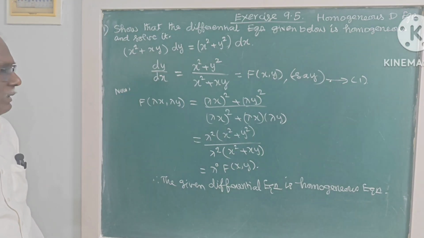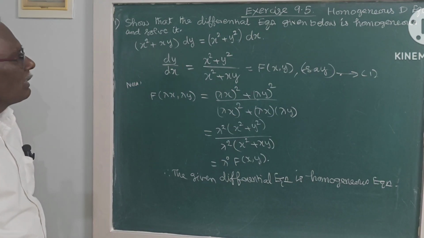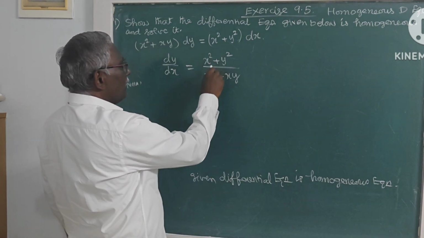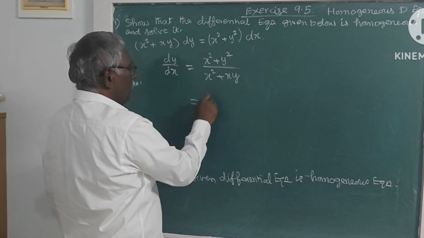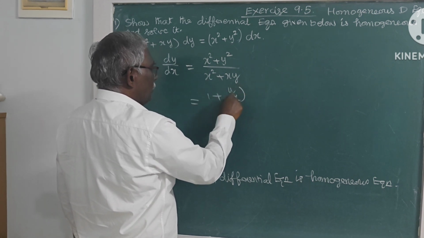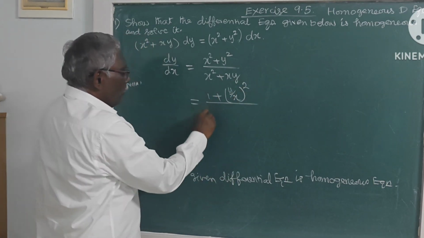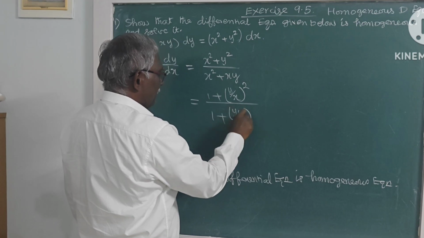And now we have to solve it. There is another method to show that the given differential equation is homogeneous. We divide numerator and denominator by x square. We will get 1 plus (y by x) whole square by 1 plus y by x.